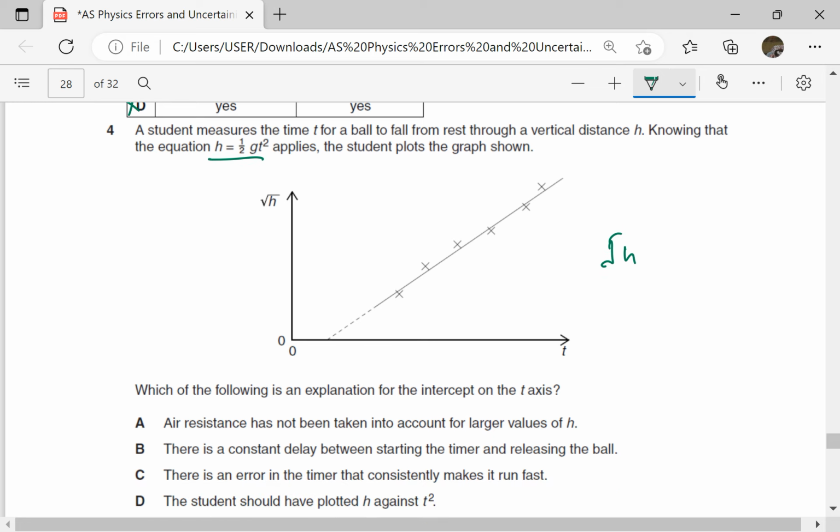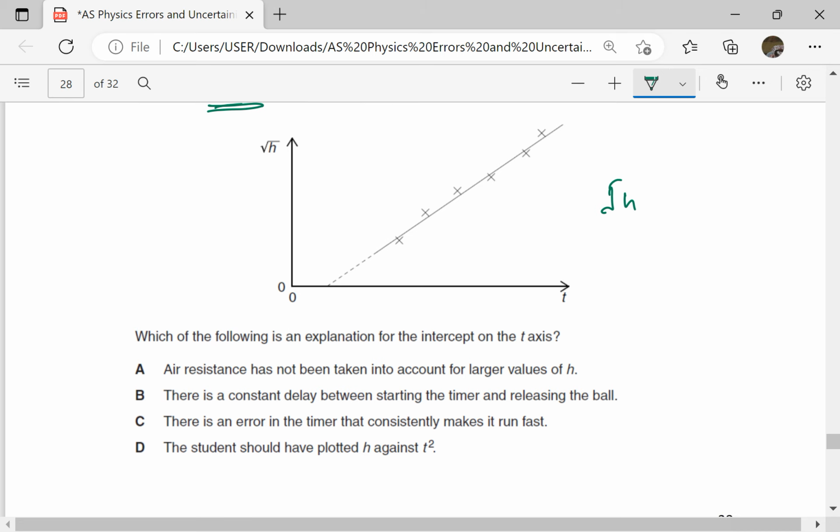Which of the following is an explanation for the intercept on the t-axis? This equation shows that the graph will not have an intercept. If there is an intercept, then there must be a systematic error. So air resistance has not been taken into account for large values of h, not at all.